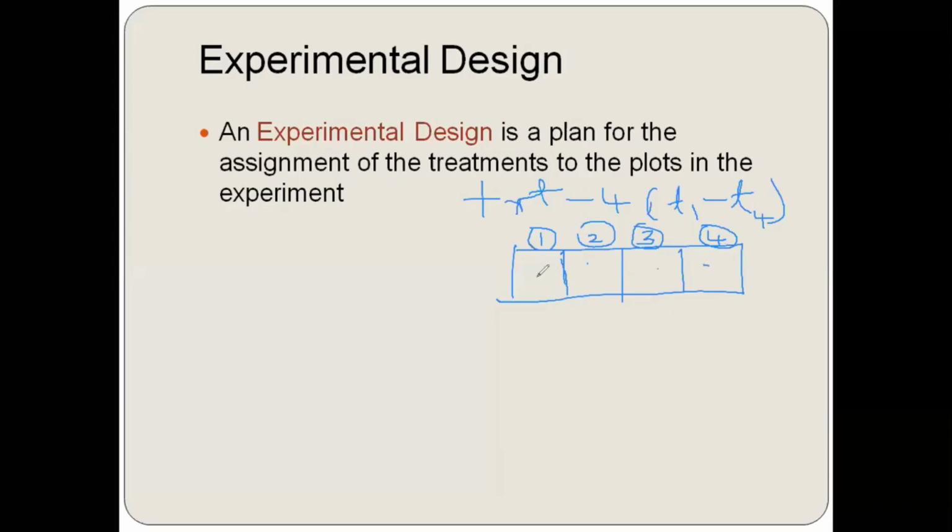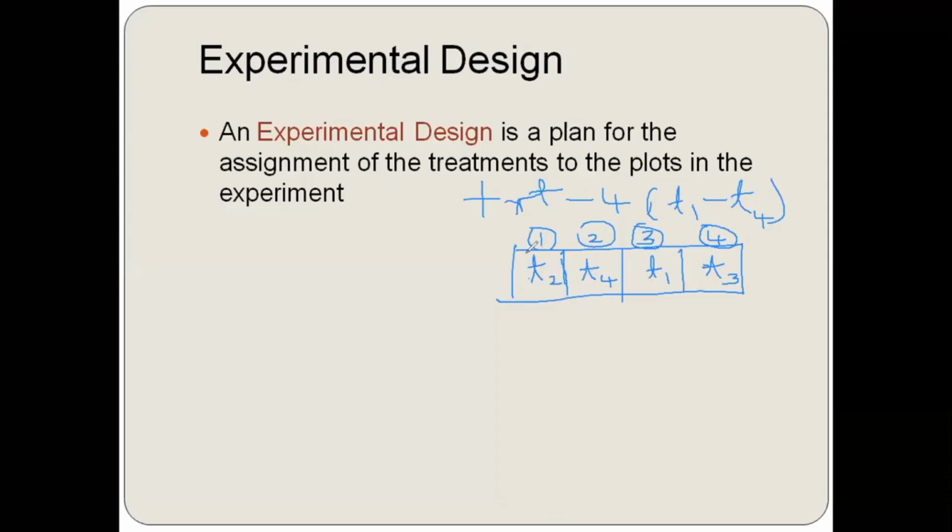This is where we call it randomization. Suppose the outcome of randomization is that T2 is coming here, T4 is coming there, T1 is coming there, and T3 is coming there. So this is actually a process of randomization, isn't it?